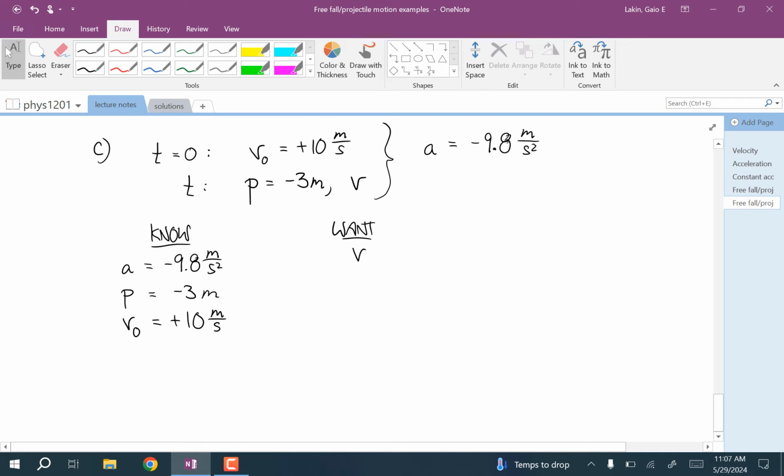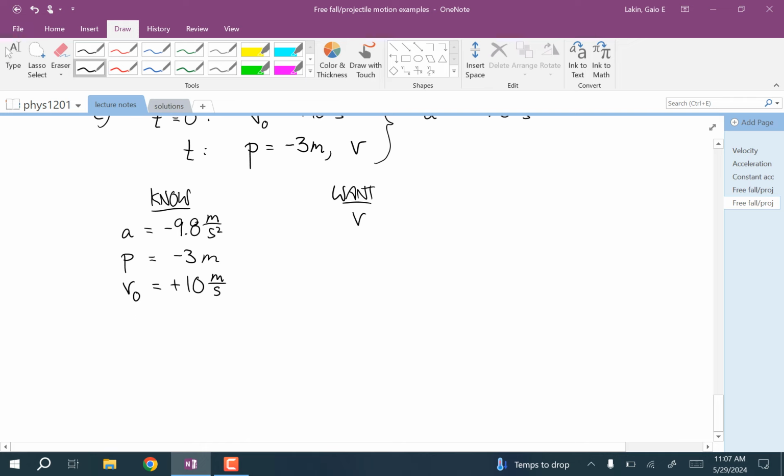The equation we're going to use here is just the same one we used in B. We just had some slightly different numbers. So 2 times -9.8 times a position of -3 is equal to v squared minus 10 squared.